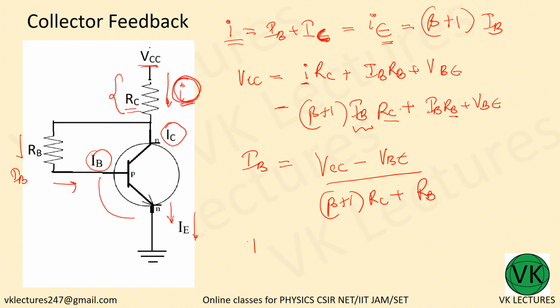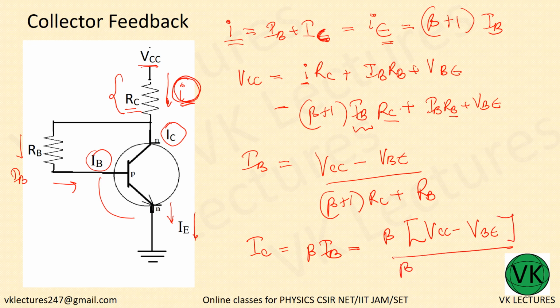Now we can find out IC. IC is equal to beta times IB. So what is that equal to? Beta into VCC minus VBE divided by beta plus 1 into RC plus RB. Here also you can consider beta being very large. RB can be neglected.